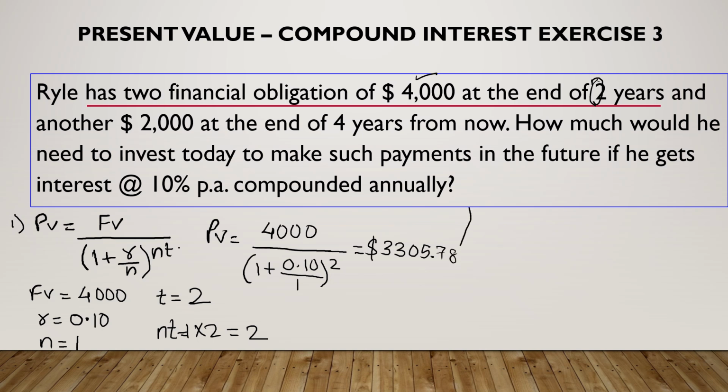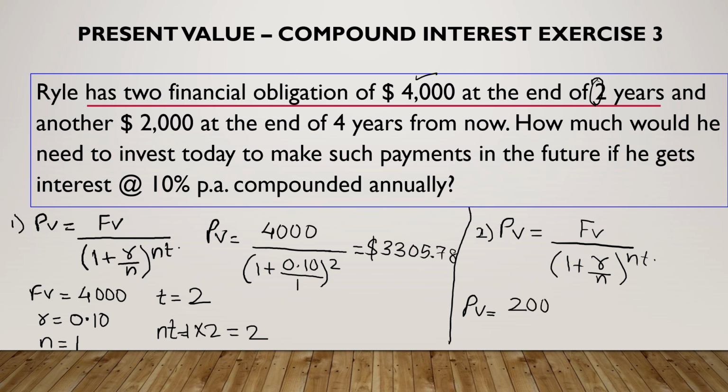Similarly, when we do it for option 2, I am just writing the direct solution because now you have clearly understood. So present value is equal to future value divided by bracket 1 plus r by n bracket close power of nt. So I am directly substituting the values. What is my future value? In the second option, my future value is 2,000.